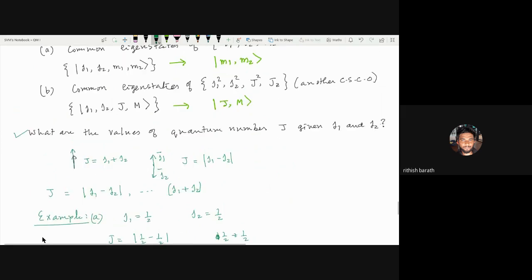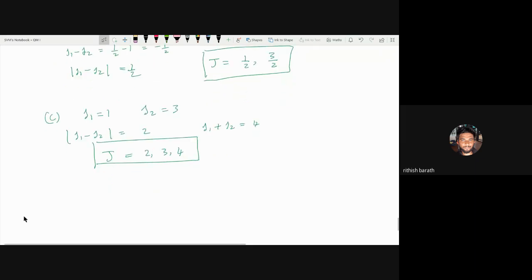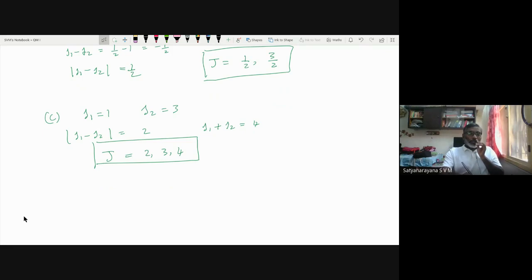Okay, so now the question is, note that we have this m1 comma m2 and j comma m, which are two bases.